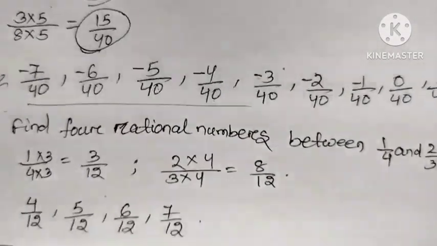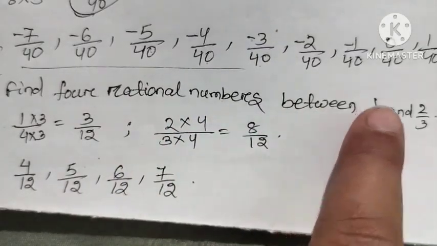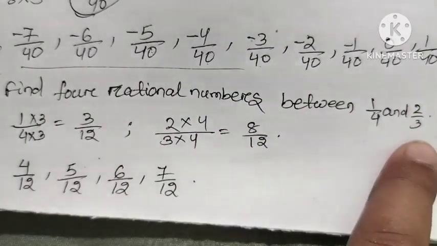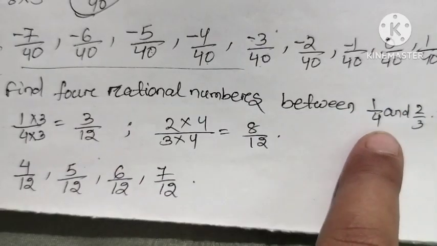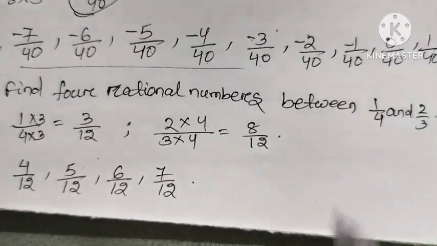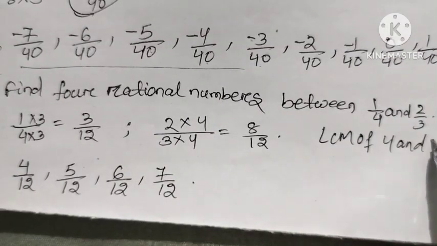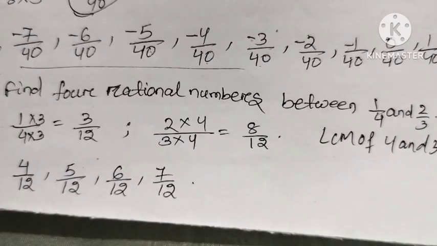Yes, then another question: find 4 rational numbers between 1 by 4 and 2 by 3. Then the LCM of 4 and 3 is 12.